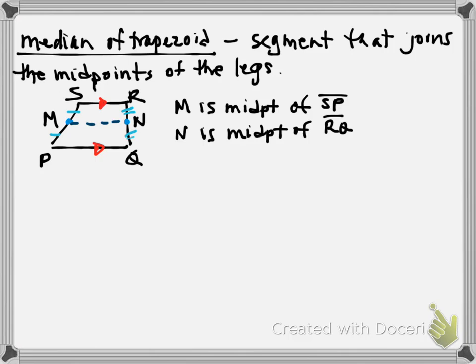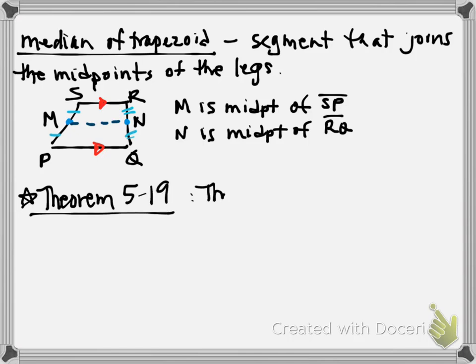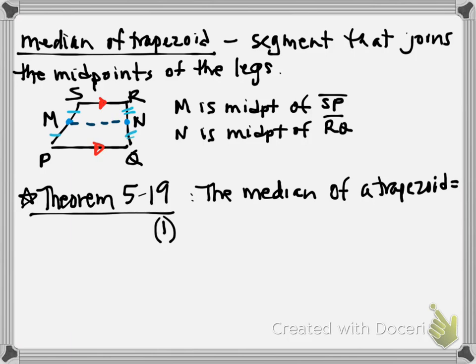But the theorem that we get for this reveals, oops, sorry, back to black. Theorem 519 states the median of a trapezoid, and notice that the trapezoid didn't need to be isosceles, one, is parallel to the bases.